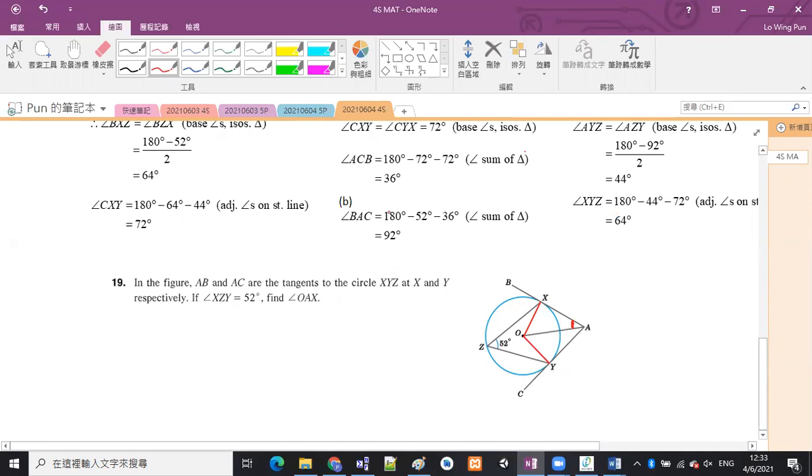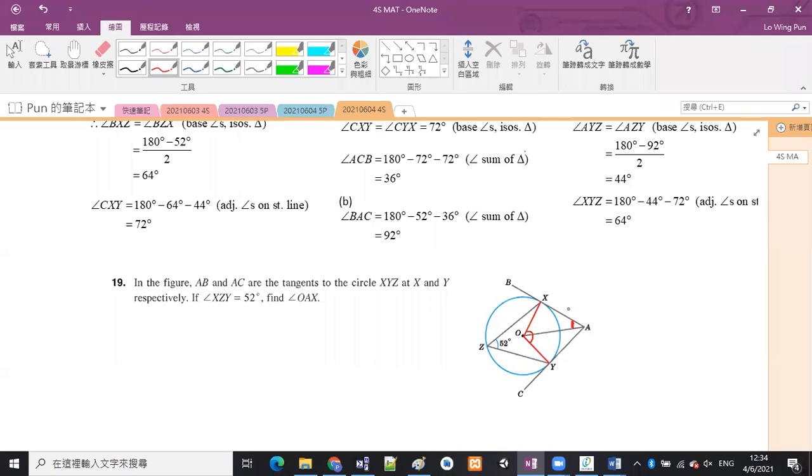Angle XOY is an angle at center, which is looking at the arc XY. And 52 degrees is an angle at circumference, also looking at the arc XY. Okay, so these two angles will form a pair of corresponding angle at center and angle at circumference.